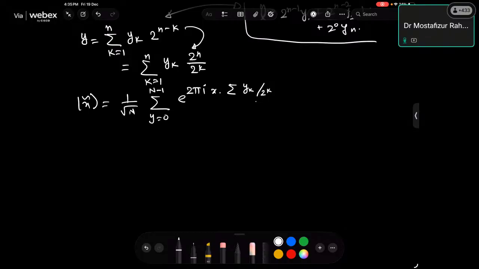And in the denominator there was a 2 to the power n. In the above there is a 2 to the power n, so this part you can cancel out, times ket y1, y2, dot dot dot, yn, right?